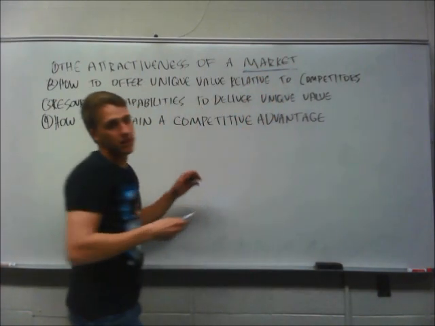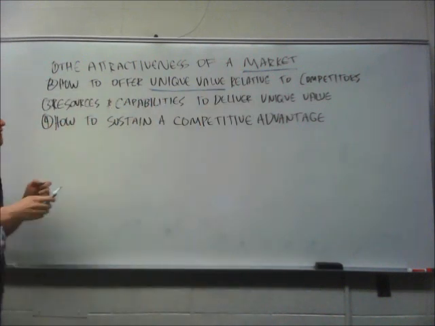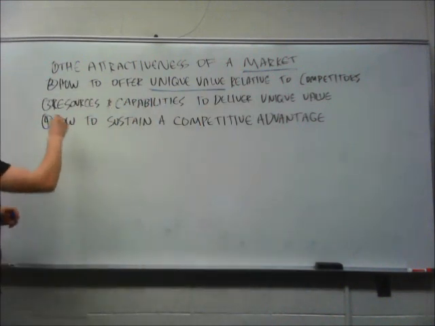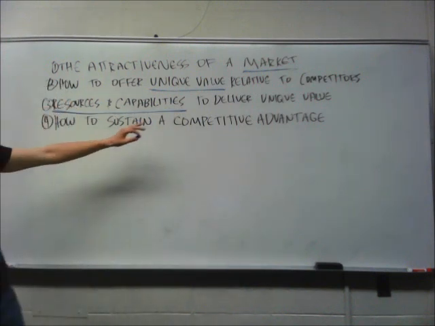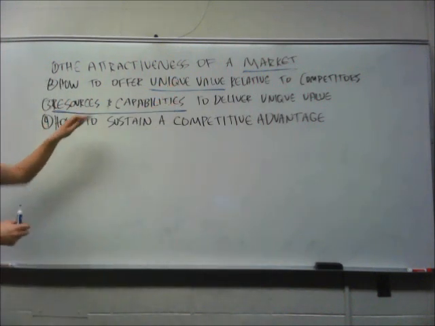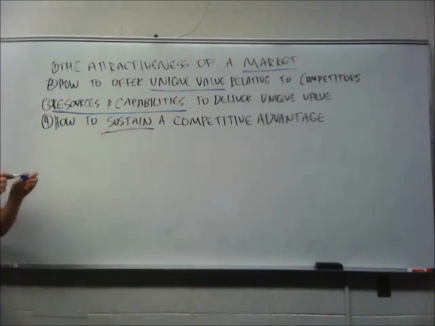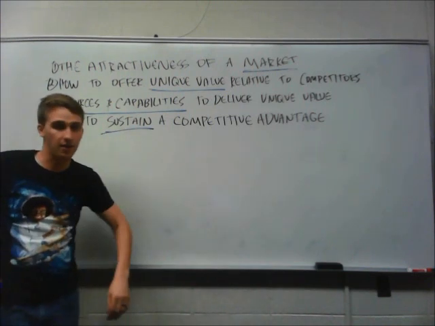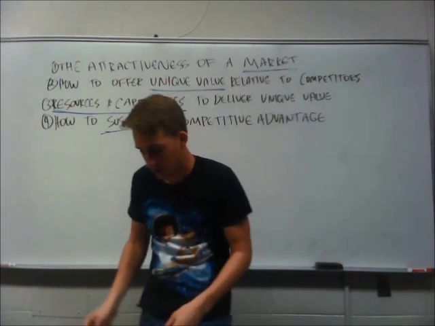On the first one, it's the market that's important. In the second one, it's the unique value that you're going to offer. And the third one, the resources and capabilities to deliver that unique value. Which resources and capabilities are you going to use? And then the fourth one, how are you going to sustain the competitive advantage should you gain that competitive advantage?